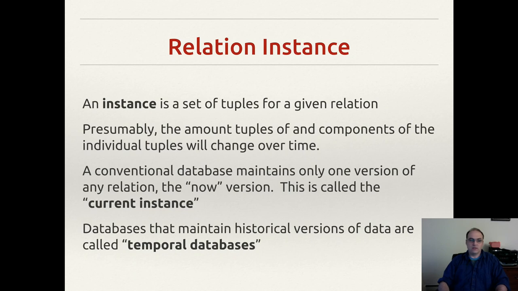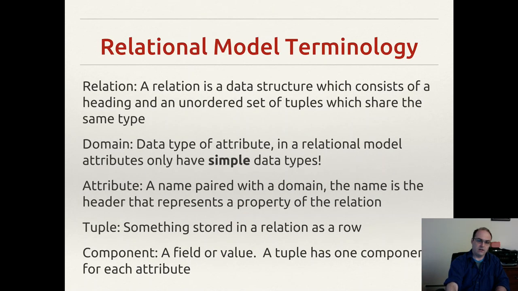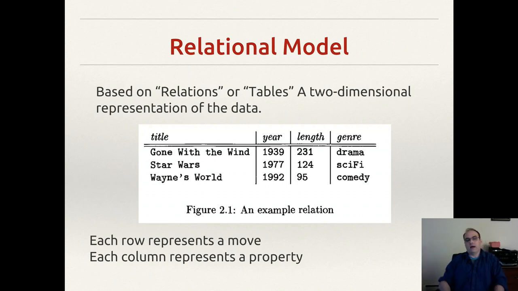Because a standard database will only ever have the now version of the relation, right? If I alter one of these things, like if I go back here, sorry for flipping back and forth, and I change for some reason the length of Star Wars. Say it really is 124 minutes. It was 126. I mistyped it for some reason. Unless I have some way of capturing that historical information, it will not be retained, right?